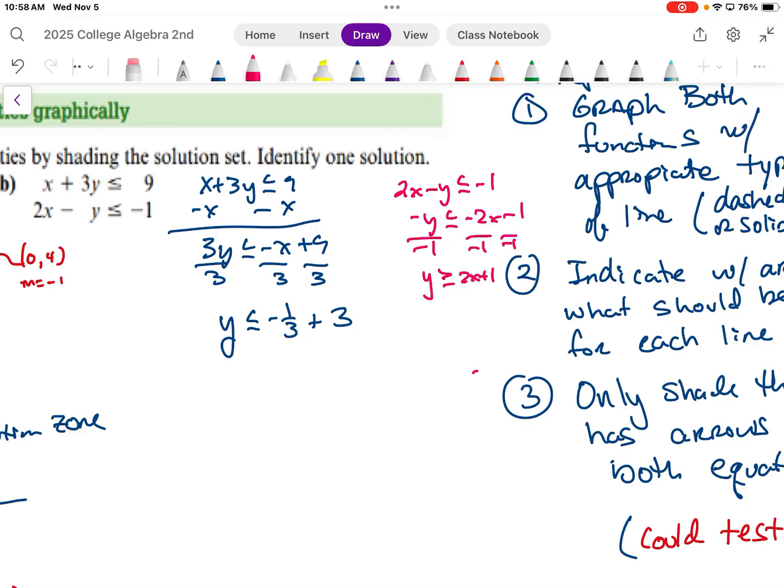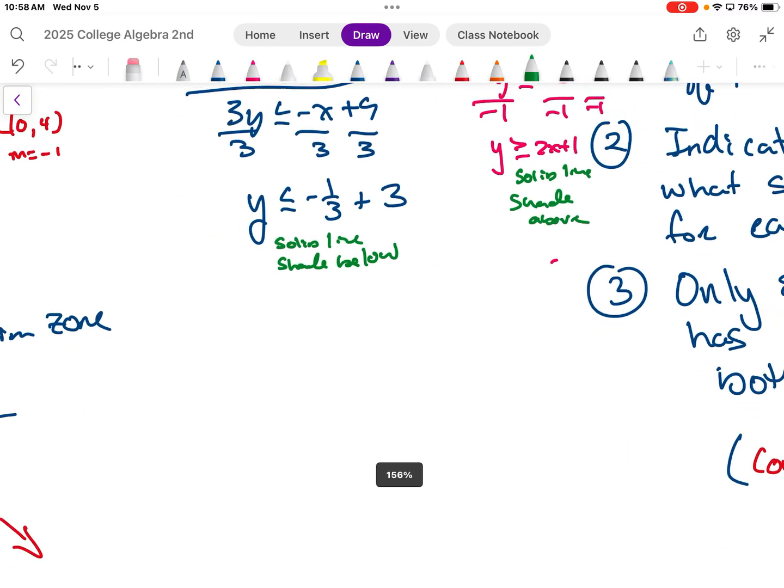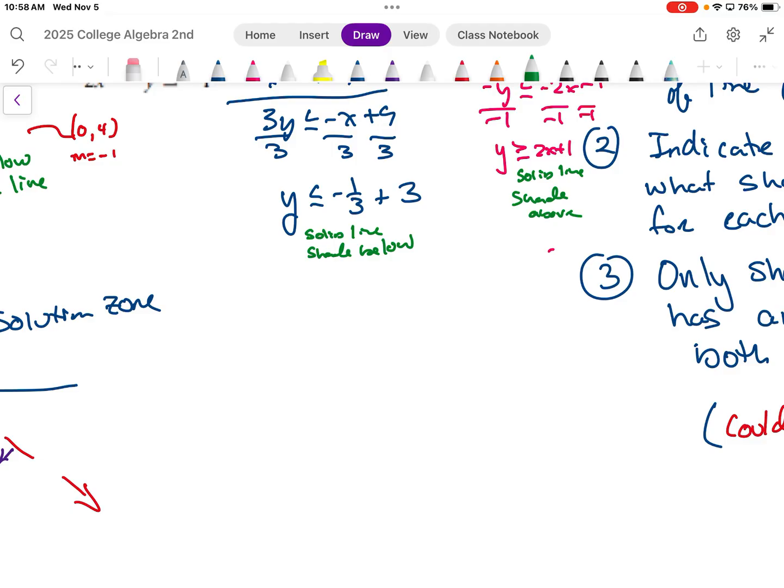So both lines are solid lines. And then solid line, shade below on the blue one. On the red one, we are solid line, shade above. So I made my little notes as I get ready to draw now the picture.